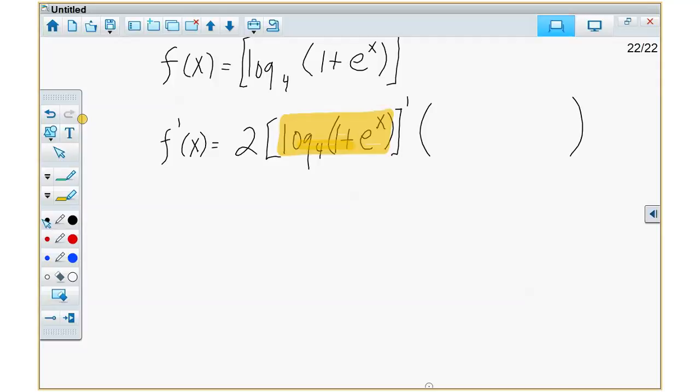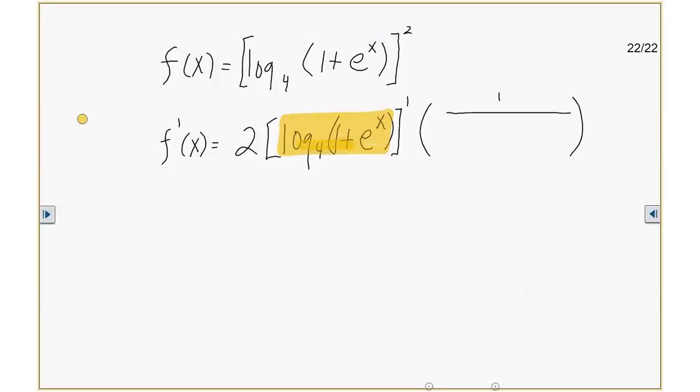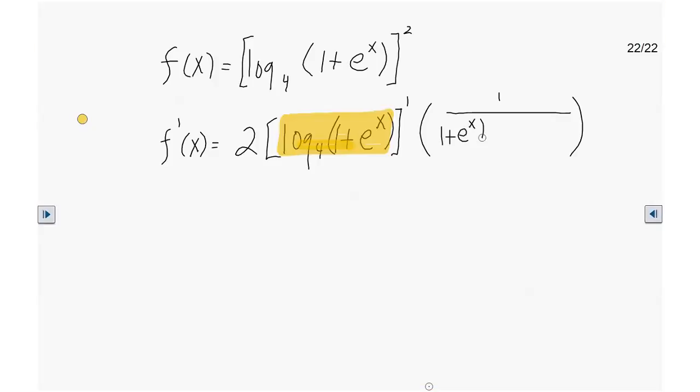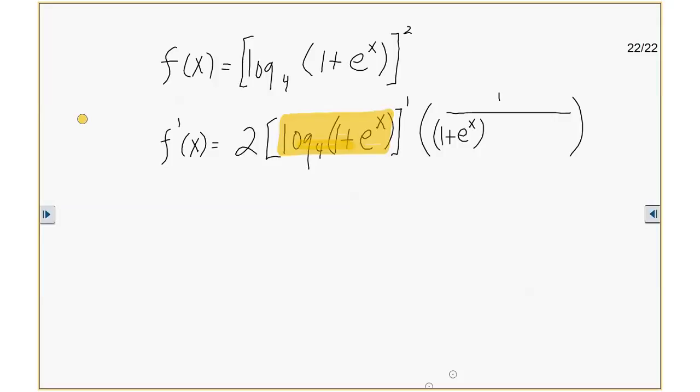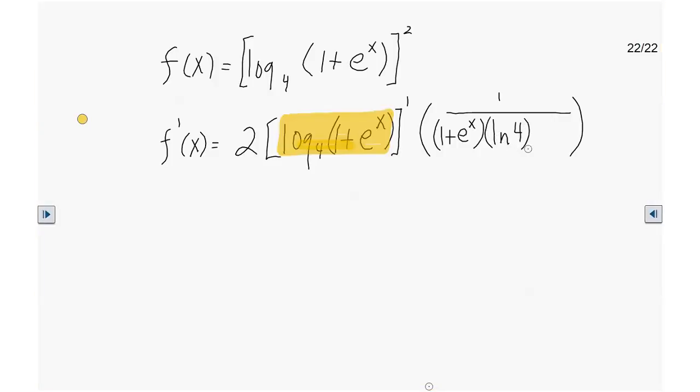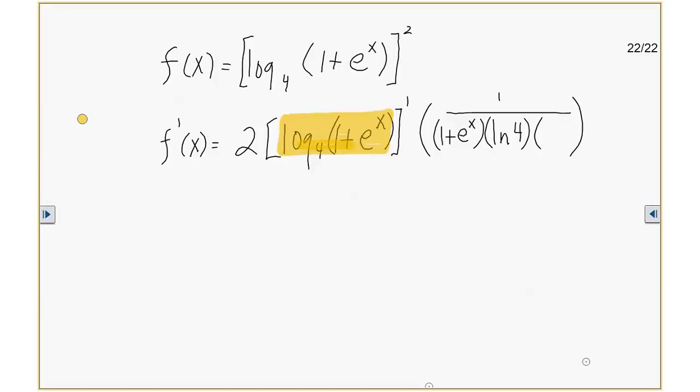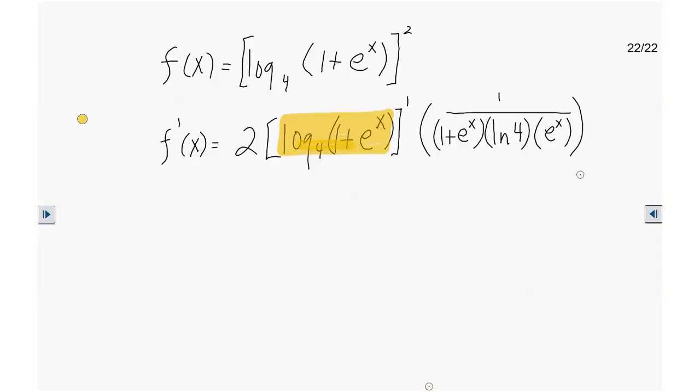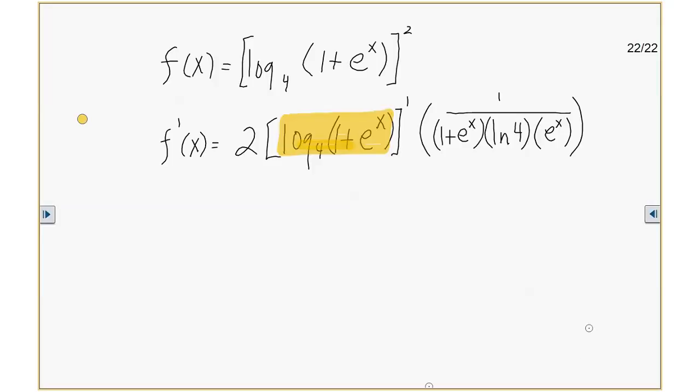And the way that you do that is 1 over this, 1 plus e to the x, times the natural log of 4, times the derivative of what's inside. And what's the derivative of 1 plus e to the x? Okay, your calculus is done. Now you just need to clean it up.